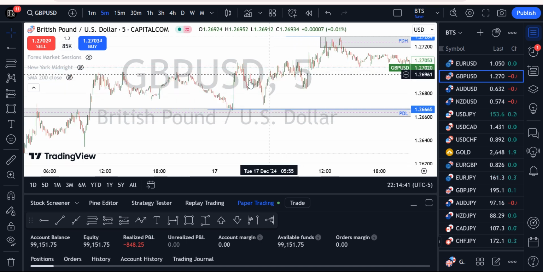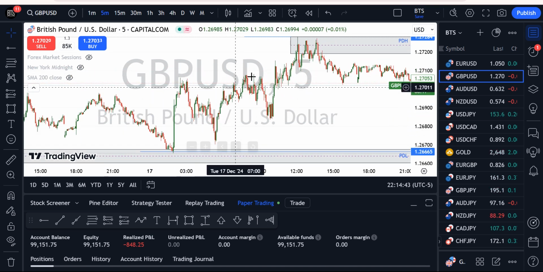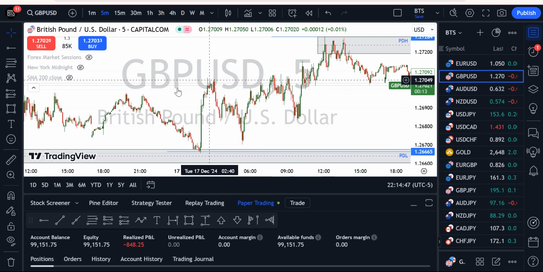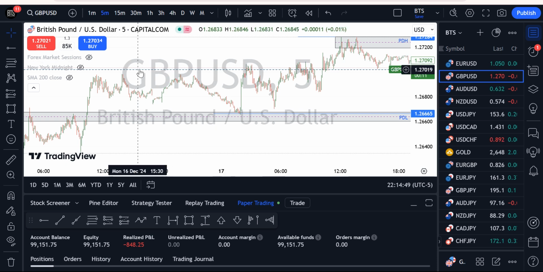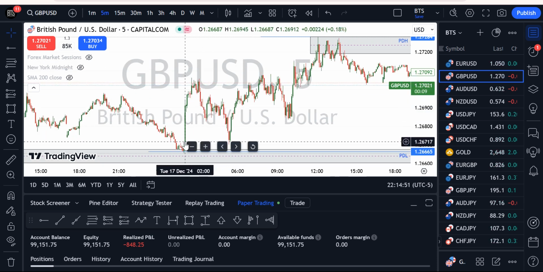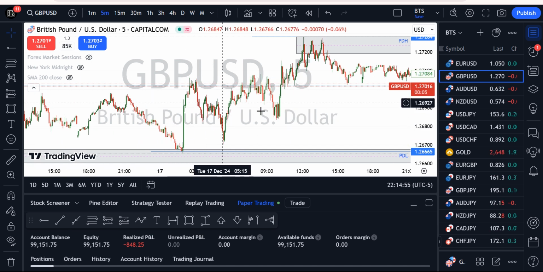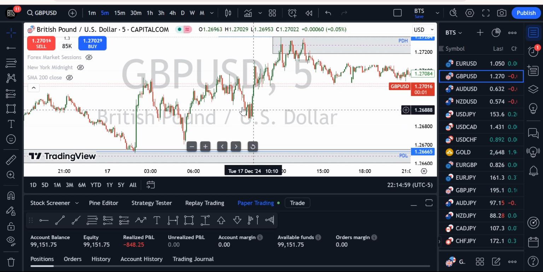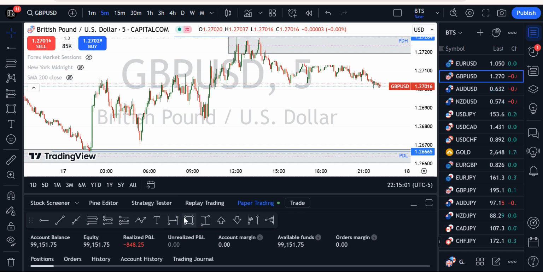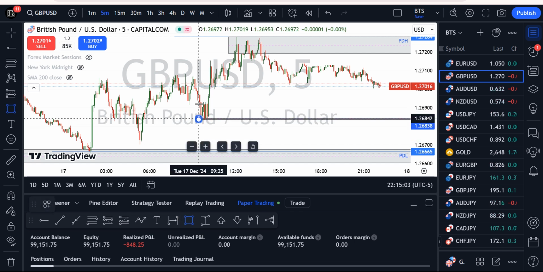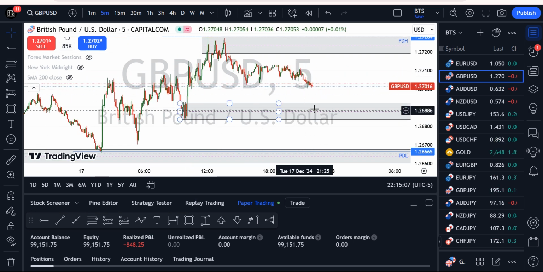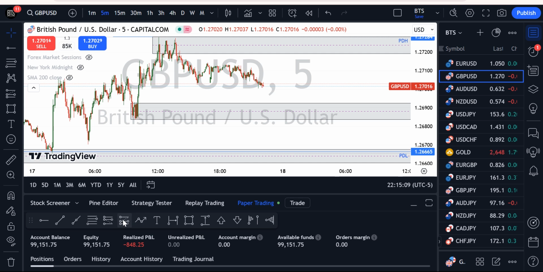We saw price break towards these highs, then we now see price trade into it. So after dumping the liquidity, taking out external range liquidity, coming for an internal range imbalance, which was this fair value gap, I can mark this zone right here as an opportunity to go long. So quickly, an opportunity to go long on GBP USD.